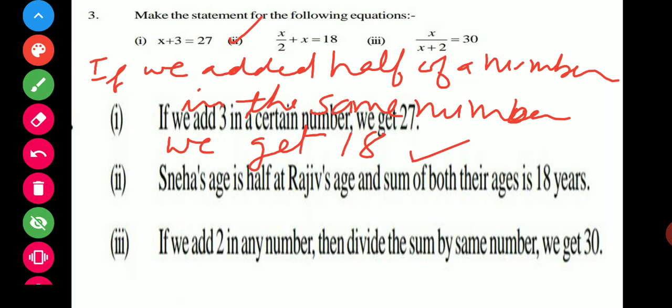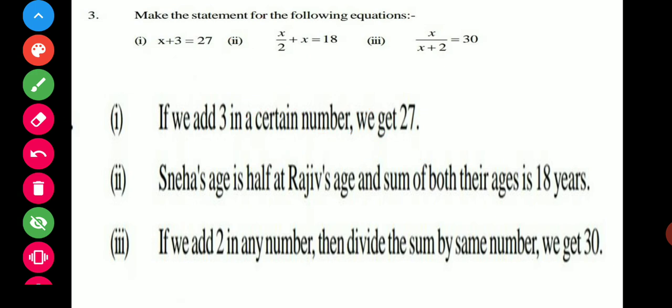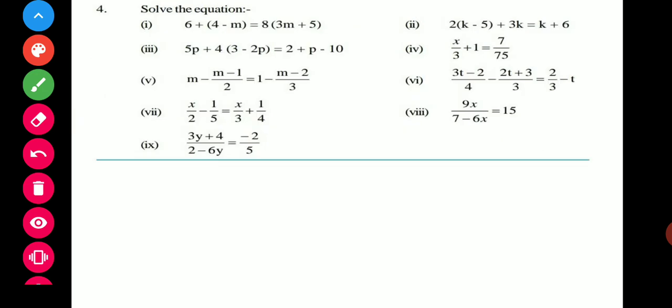And the third one is given here, x upon x plus 2 is equal to 30. So if we add 2 to any number, then divide the same number by it, we get 30. So these are the statements of the given equations. Now come to the next one. That is the fourth question. How can we do the fourth question?